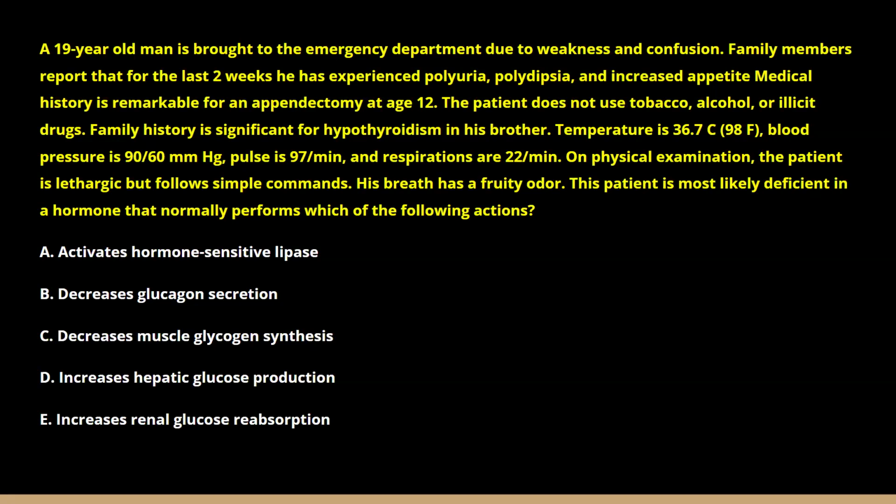Sure. So the answer here is B. Okay, so it's a 19-year-old guy, so that's again below 30. We know the case scenario, so we know it's diabetes, it's type 1 diabetes. Polyuria, polydipsia, like I said, these are important for case presentations. Or he could ask you, okay, there's a patient with type 1 diabetes, what do we expect to see?